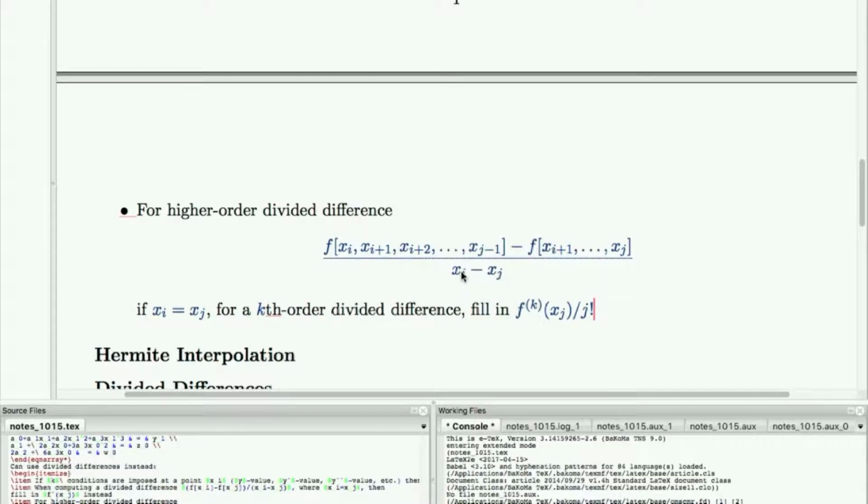Do not forget the factorial. That's very important. And for first order divided differences, 1 factorial is 1, so it doesn't matter. But for higher order divided differences, if this is a kth order divided difference, it's a kth derivative, but you must remember to divide by the factorial.